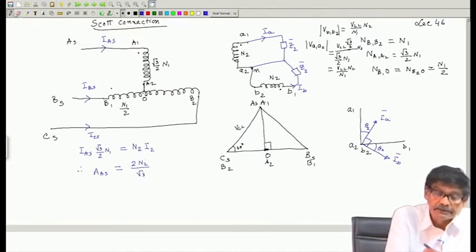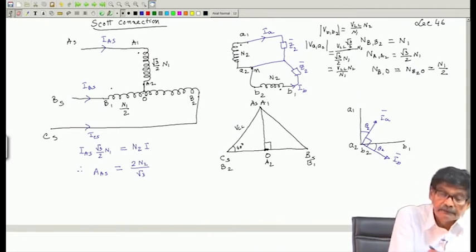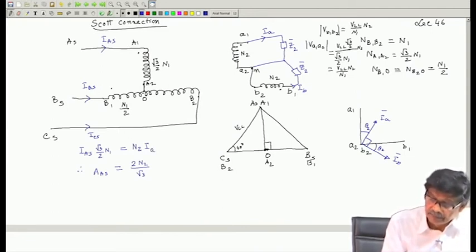Here I made a mistake, it is not I2, but I_A. This is equal to I_AS.